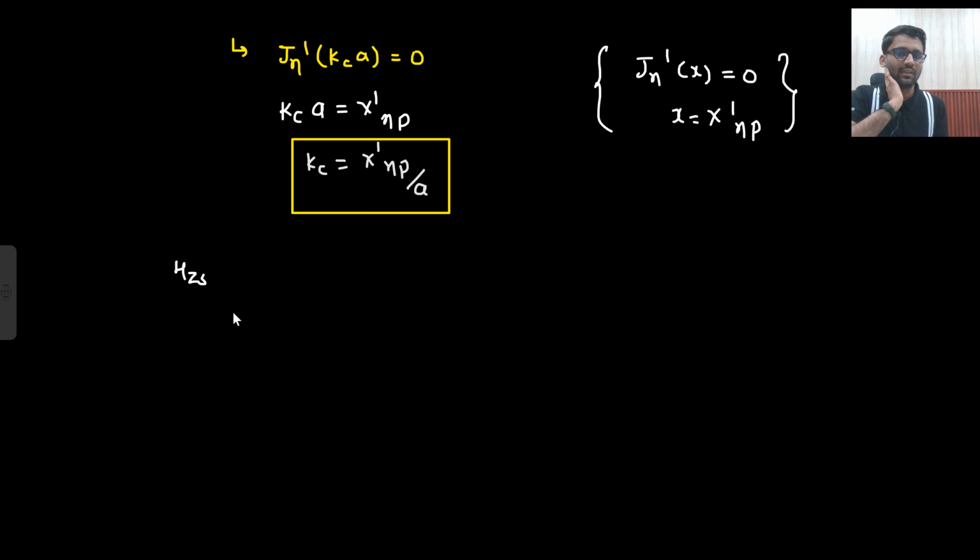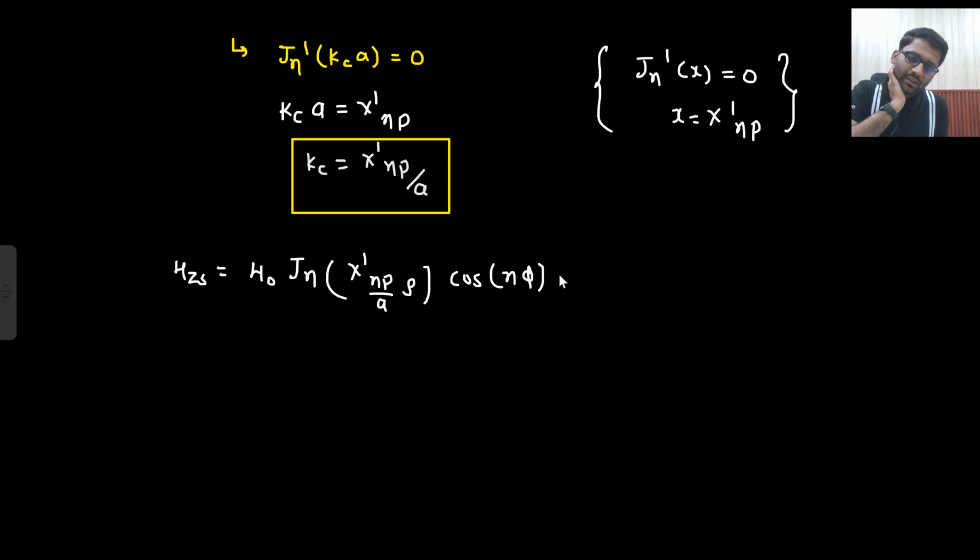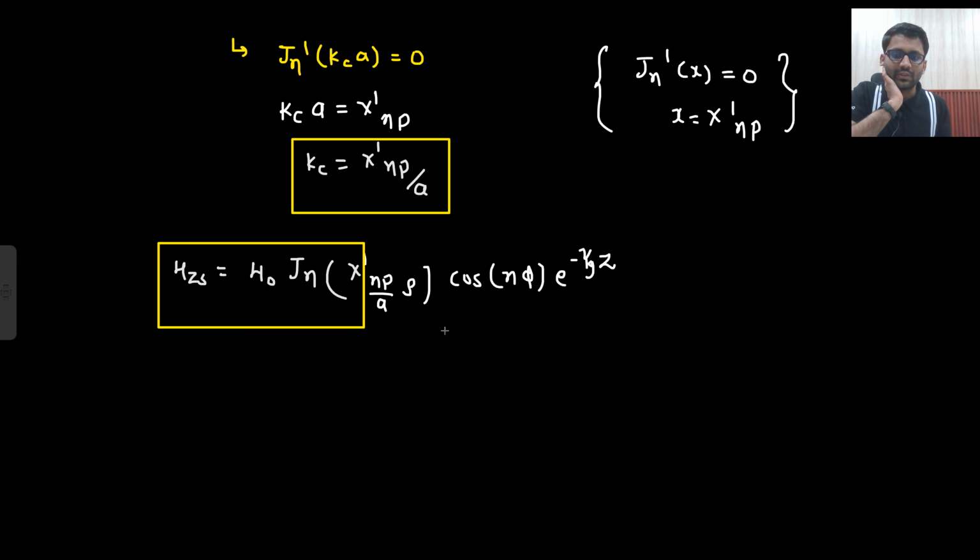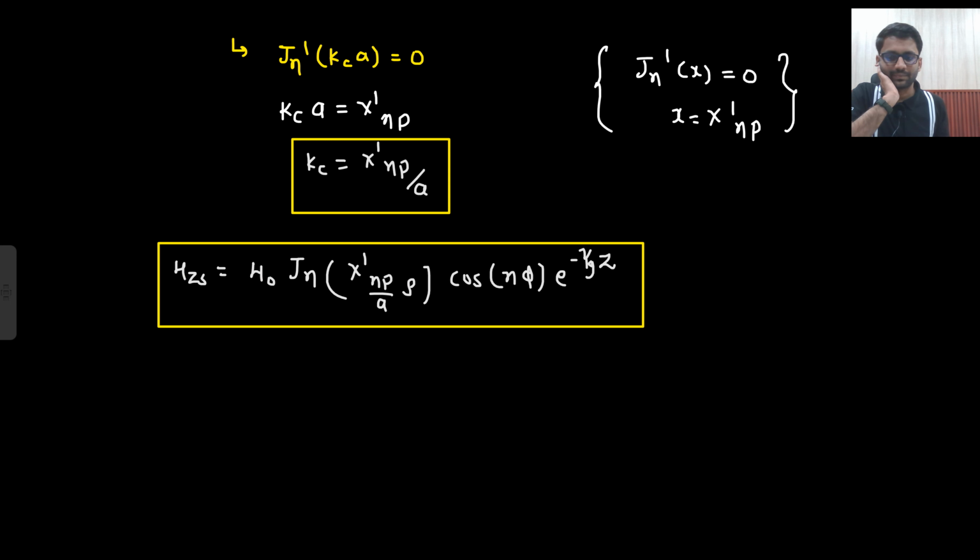X dash np by A. So Hz dash can be written as H naught Jn x dash np by A into rho cos n phi e to the power minus gamma g z. Yeah, that's it. This is your Hz dash.